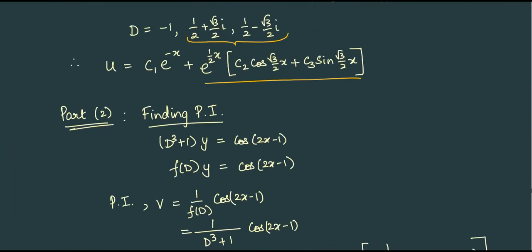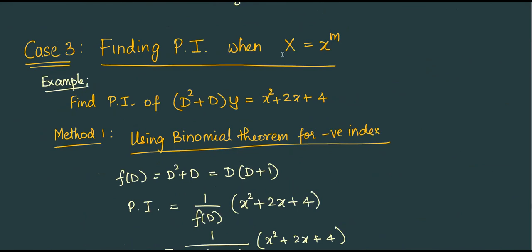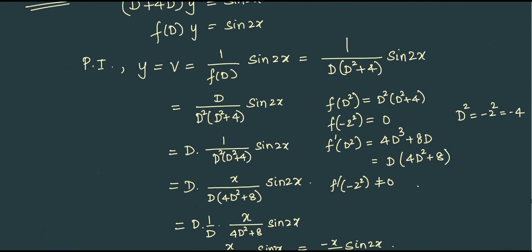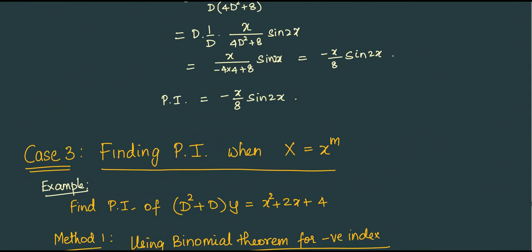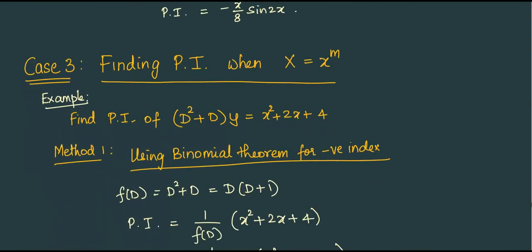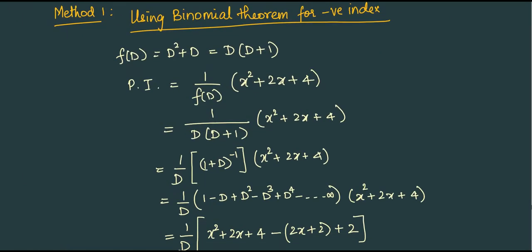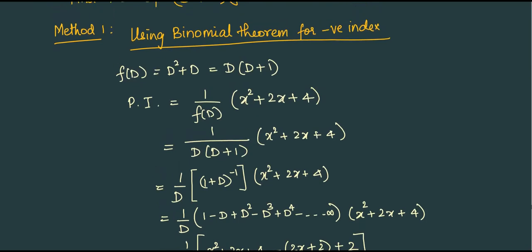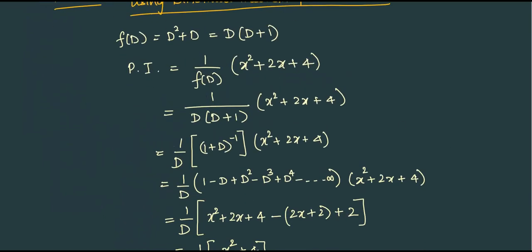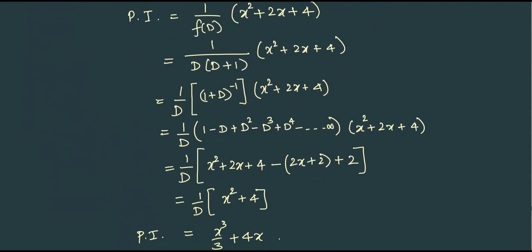Next, when X is of the form x power m, then we just use the binomial theorem, meaning whatever the 1 by f of D is, we factorize it and then put the operator as 1 by 1 plus D whole inverse, and then you convert that using the binomial theorem for a negative or fractional index.